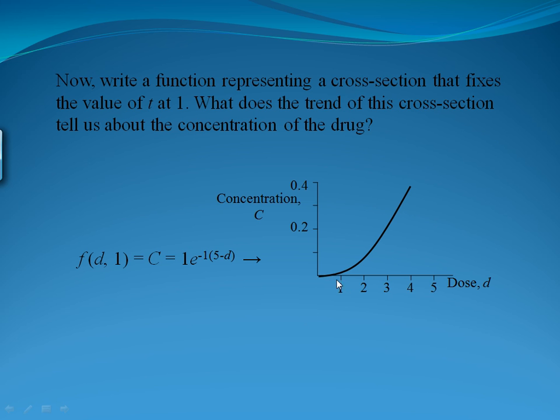So if we had given you a dose of 1 milligram, after 1 hour the concentration would be less than 0.1, and if we had given you a dose of 4 milligrams, after 1 hour the concentration would be 0.4. This should make sense because a higher dose means that if we check everything at the same time, the person who got the higher dose has a higher concentration in their blood. But you can see again that by fixing one variable, we're reduced to a one variable problem, so it's easier to interpret what's going on.